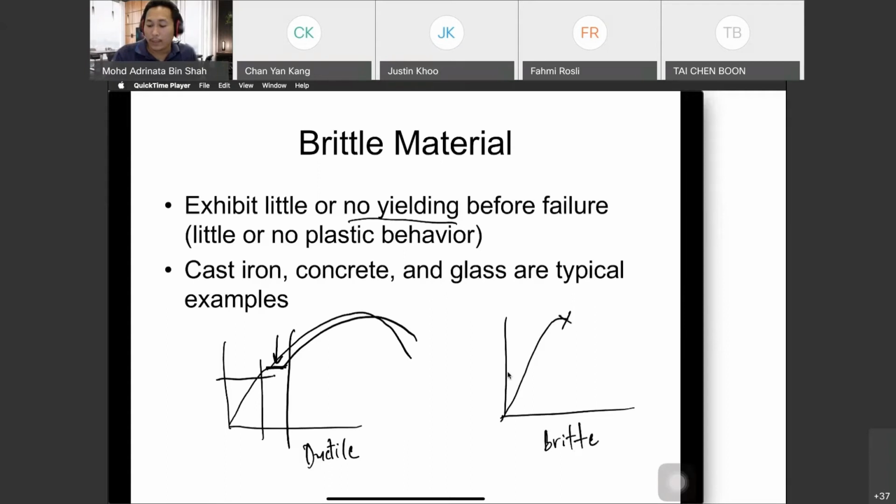The material is like cast iron, concrete, glass as the examples of brittle material. So brittle material has no yielding, no yield point, no necking. Suddenly it will fail. Okay, no yield, no necking from the specimen.